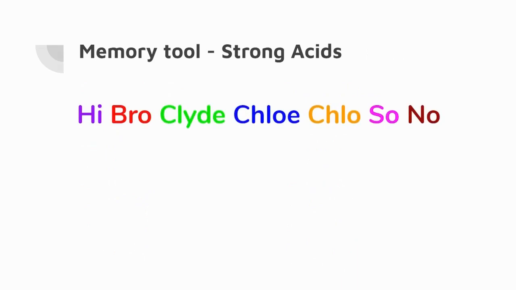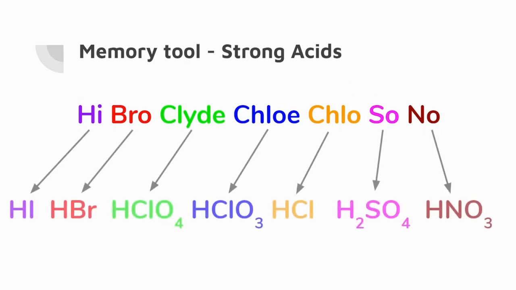So a memory tool, and this one's kind of silly. This is something one of my AP students came up with a couple years ago, but for some reason it's just stuck with me. She said, "Hi bro, Clyde, Chloe, Chloe, so no." And that helped her remember those were our 7 strong acids.